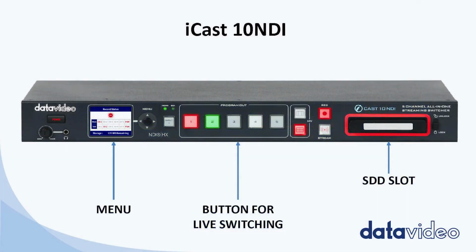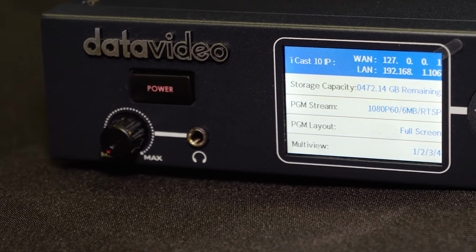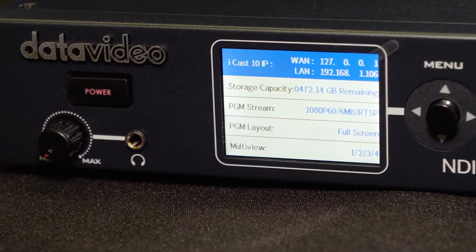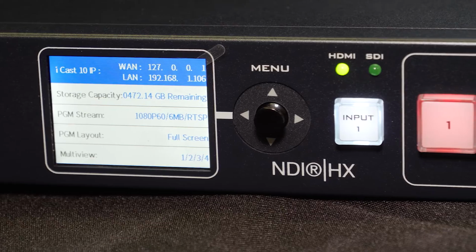Now let's talk about ICAST 10 NDI, the switcher that's involved with this whole workflow. Here's the front and back panel of the ICAST 10 NDI. Let me first show you the front panel. As you can see from left to right, I have audio outputs. I have a menu that I can select everything about the ICAST 10 menu right here.